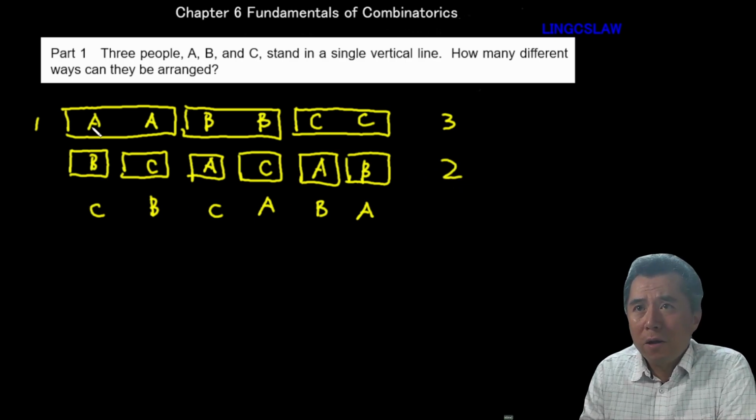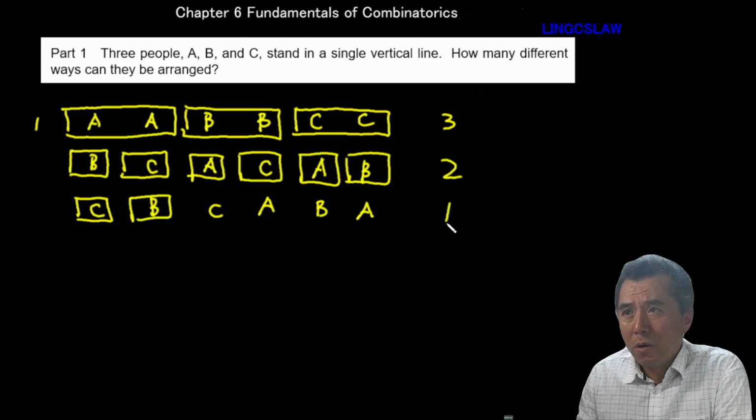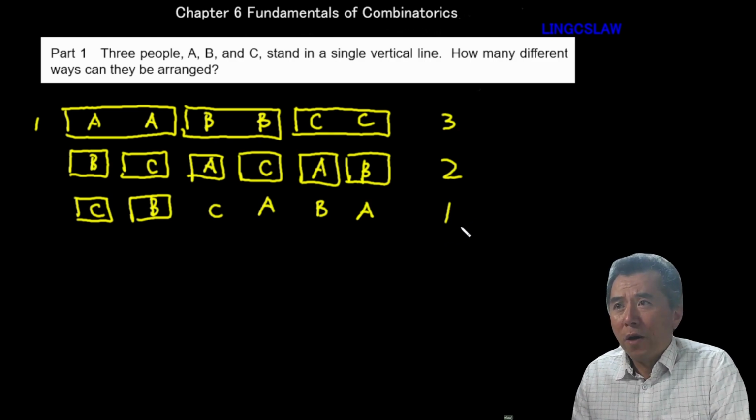And finally, if you take A and B, there is only one choice, C. And if you take A, C, there is only one choice, B, and so on. So the number of choices for the final row is 1.